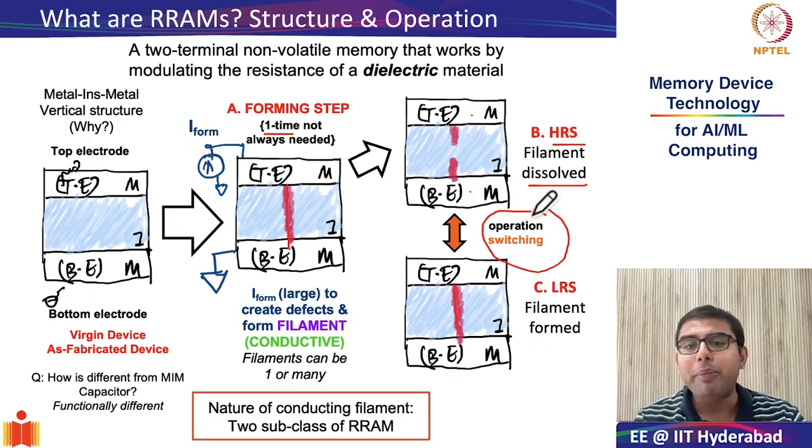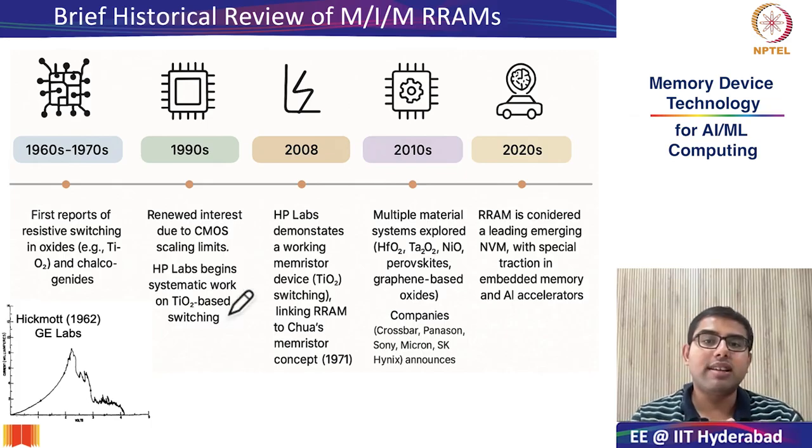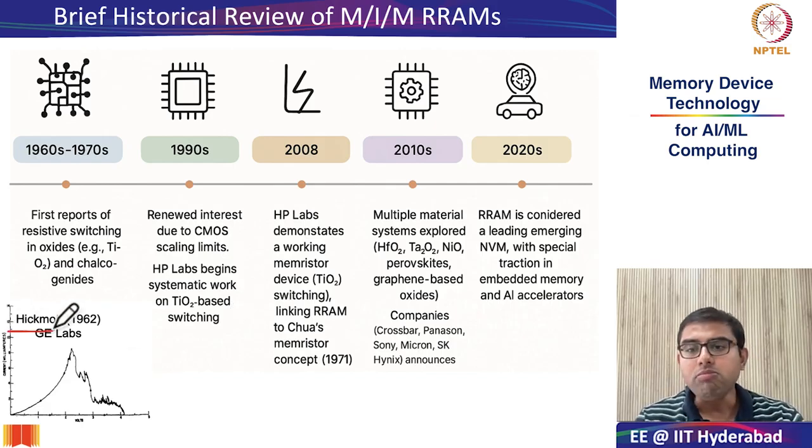Before that, as we have been doing, let's look at a brief historical review of how these common MIM structures were transformed into RRAMs. The first concept of resistive switching was shown in GE labs by the scientist called Hickmott in 1962, where, using direct current DC measurements, he saw a sudden change in the resistance of oxide films under a particular bias.